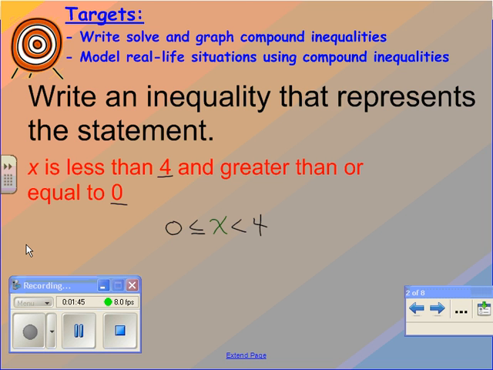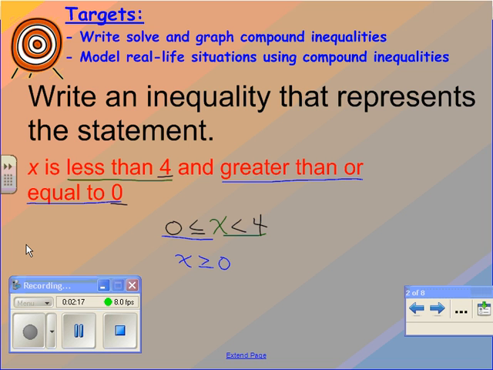So I'm saying x is less than 4, and it's greater than or equal to 0. If I flip this around, it would be the same as saying x is greater than or equal to 0, right? So this part of my inequality is here, and less than 4, that would be this part here.